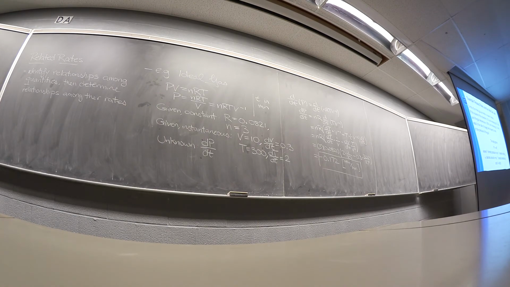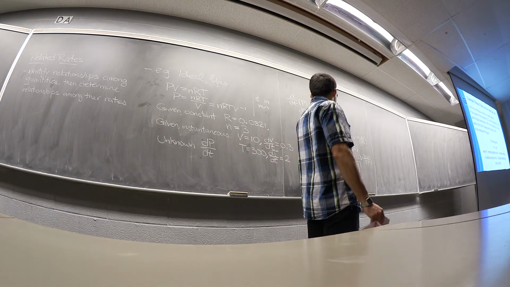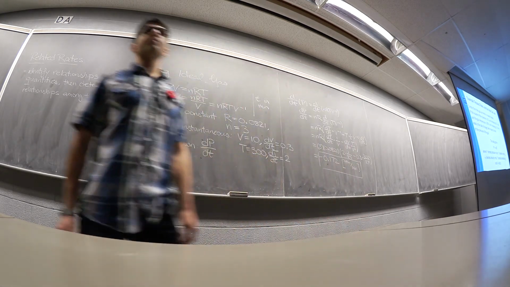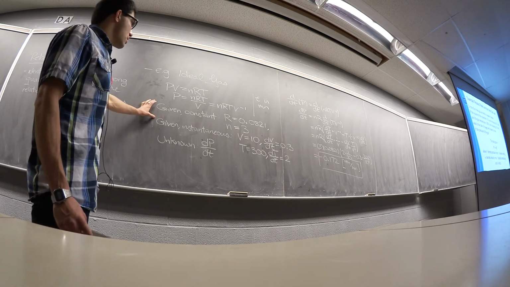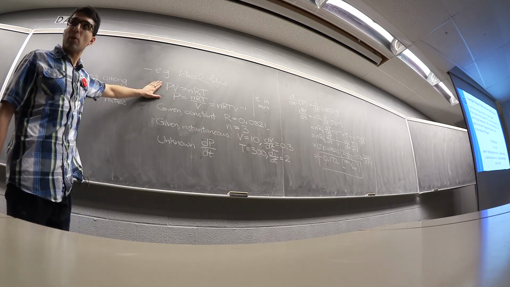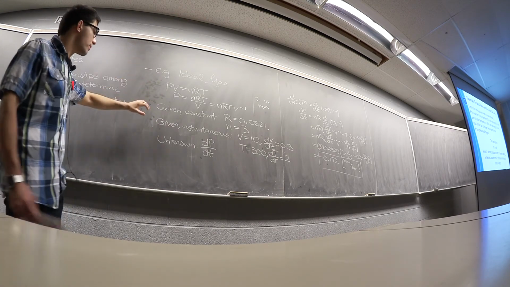Okay, so if you need to interpret this, what's happening? The pressure at that instant is falling at 0.172 atmospheres per minute. All right, these were constants. You could have plugged them in all the way up here. That's fine, because they're not changing with time.